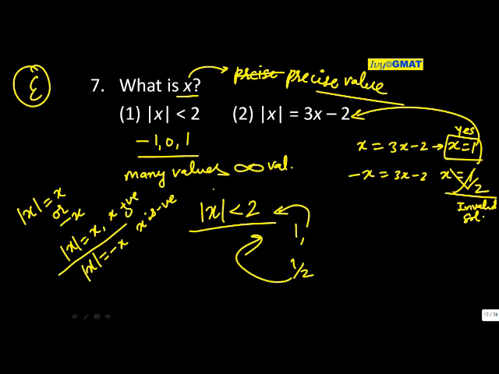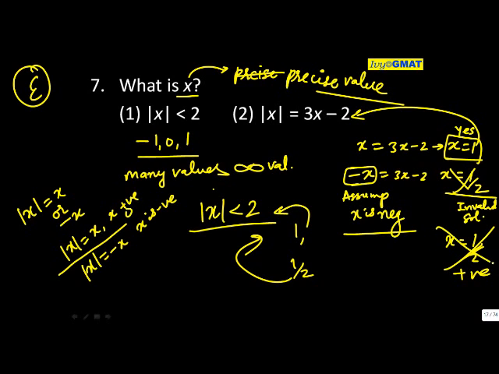So when I consider mod of x is equal to minus x, what was my assumption? X is negative, and what did I get? X is half, which is what? Positive. So this betrays my assumption, that's why this is never the correct route. So the only correct solution to this one is x is equal to 1, and because it is coming from second statement, my final answer is B.